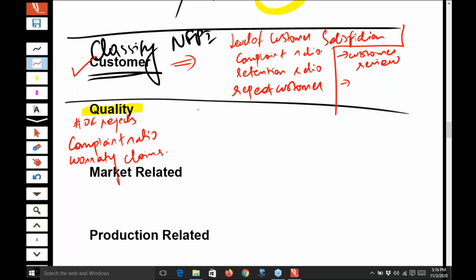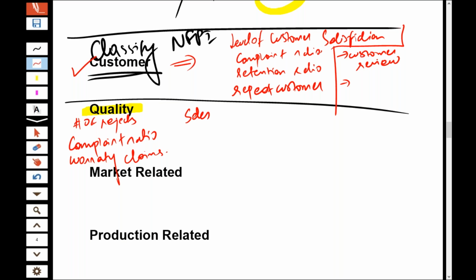You've got sales returns. Then what else is there? Percentage of returns. Okay, what else?